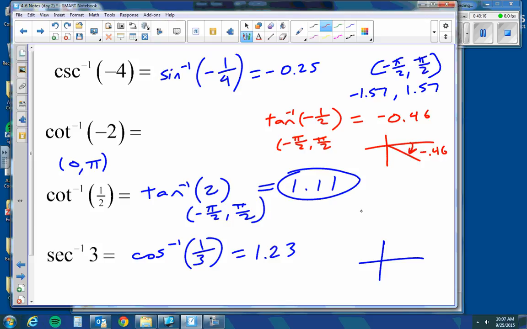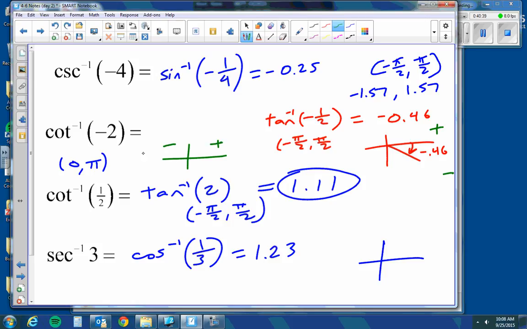But what's the reference angle? Well, 0.46. So come over here. Here we're talking about where tangent's negative, which is first and fourth. Over here, I'm doing cotangent, which is first and second.